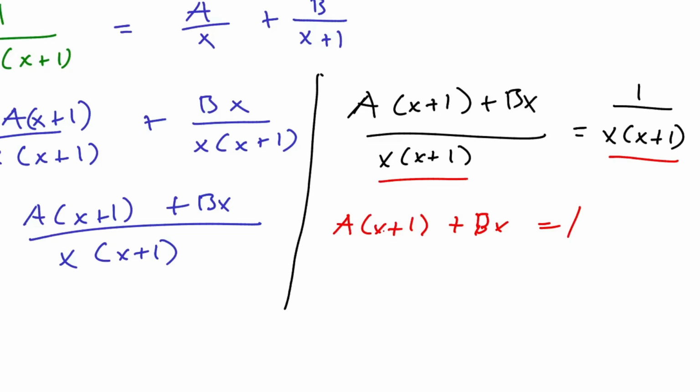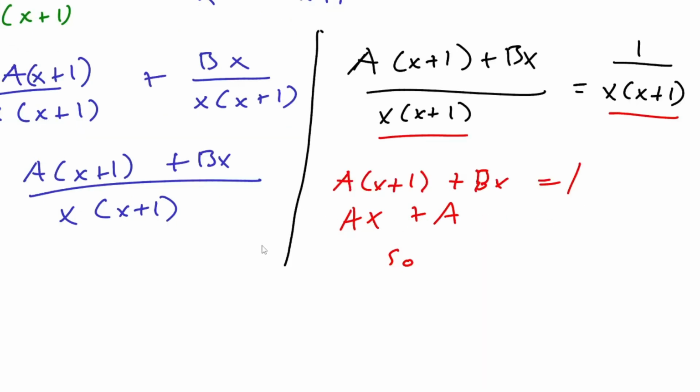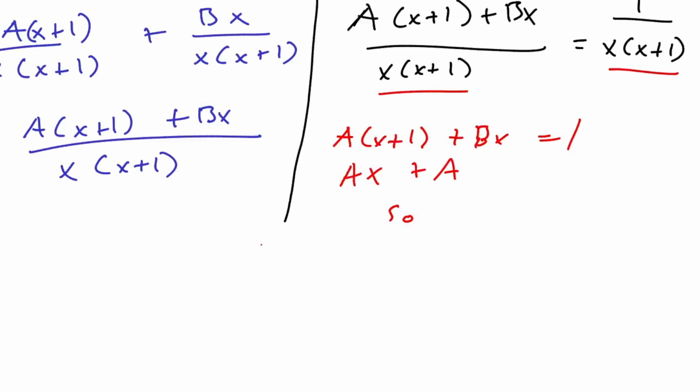Right? Now we can expand the left-hand side, which is going to be ax plus a, right? And so we can state that our ax is going to basically be equal to ax plus a plus bx.